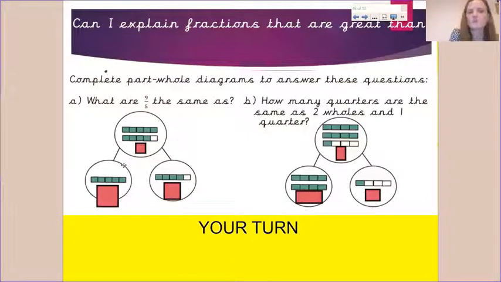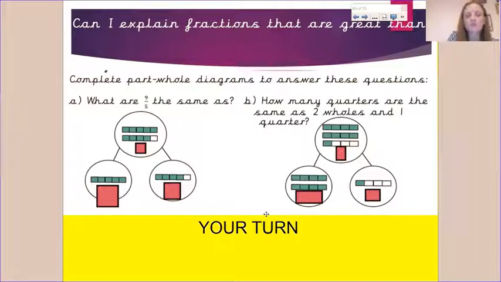So I want you to have a turn at doing these 2 questions. Think about what we've just discussed in the previous one, and then I will go through it with you. It says complete a part-whole diagram to answer these questions. What are 9 fifths the same as? How many quarters are the same as 2 wholes and 1 quarter?